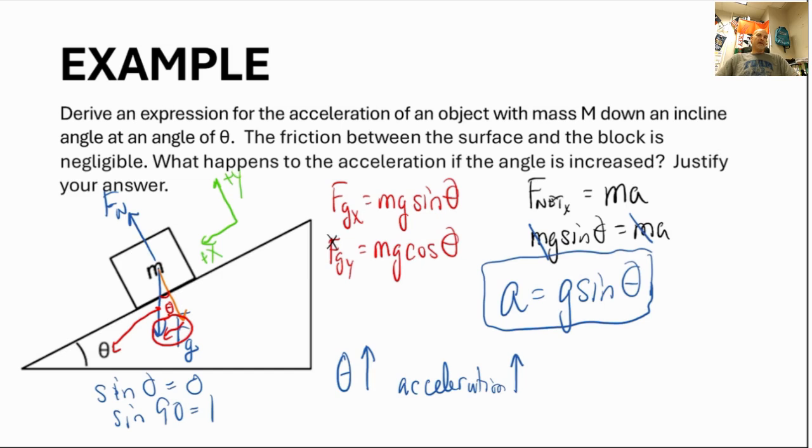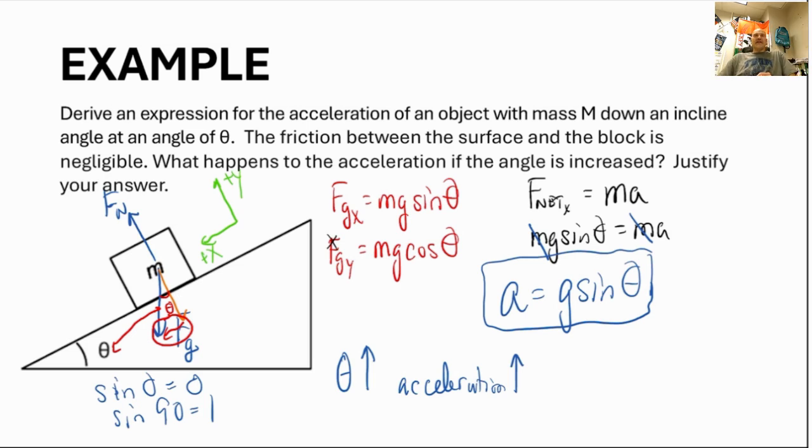Our justification is that we're going from no acceleration to our maximum value when the object would just fall straight down, so from an acceleration of 0 to an acceleration of 9.8. As you increase the angle, the acceleration increases due to the sine of the angle, going from a value of 0 to a value of 1.